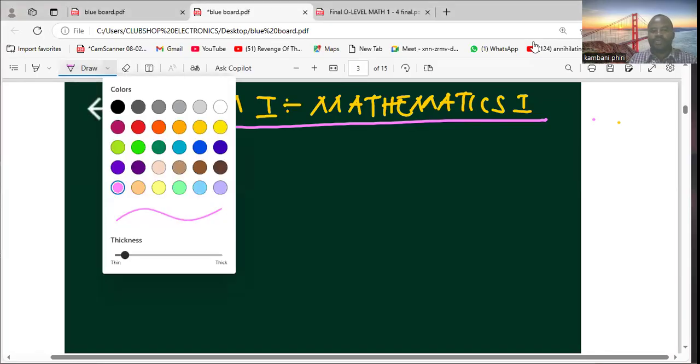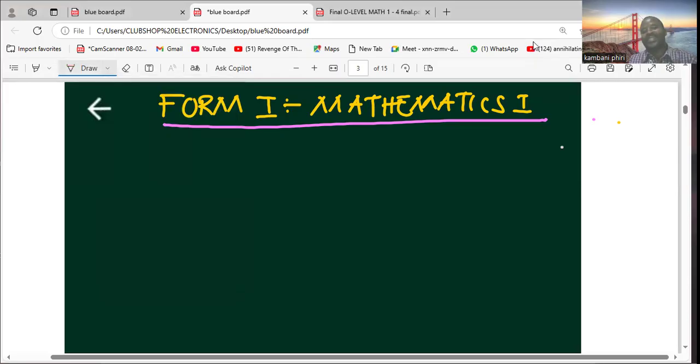Where we want to deal with the Form 1 mathematics. All right, so as you may be aware, the government of the Republic of Zambia through the Ministry of Education has launched a new curriculum.